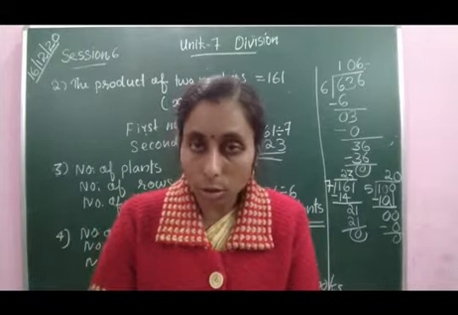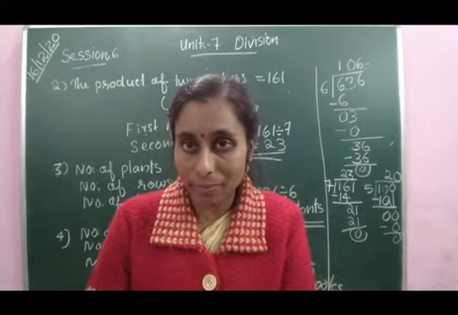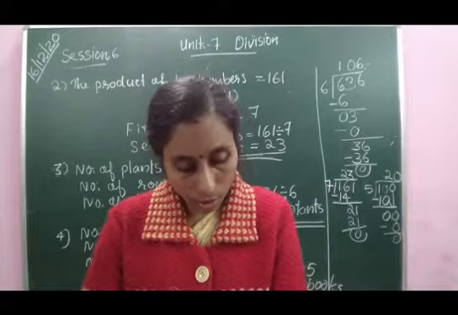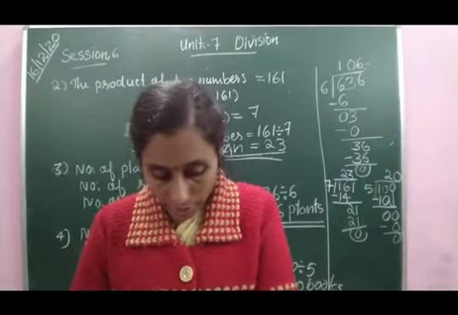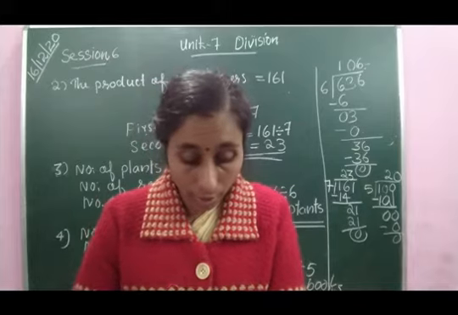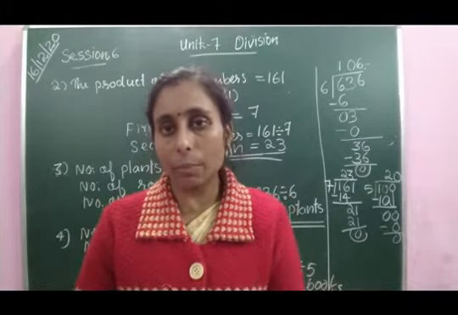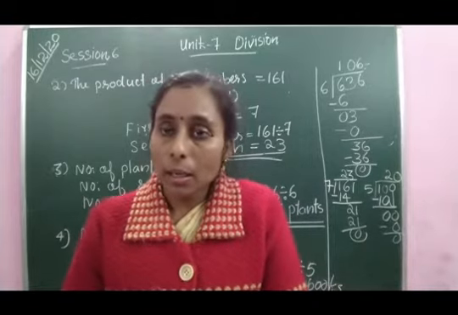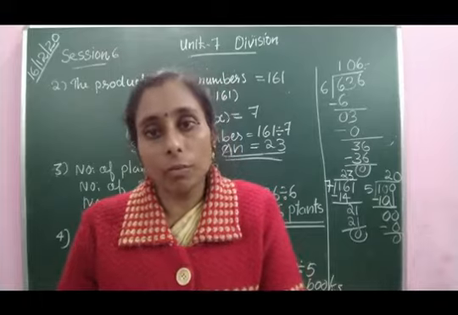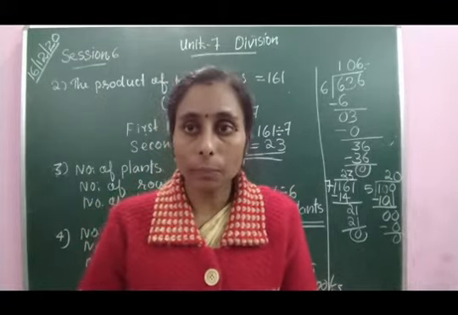Dividend is equal to quotient multiplied by divisor plus what? That is the remainder. When the divisor is the same as the dividend, the quotient will be 1. Whenever we divide a number by itself, we always get 1.